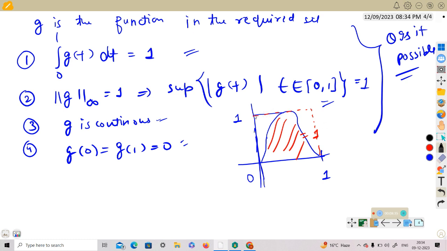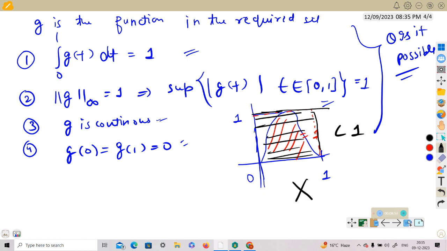This area will always be less than 1, because 1 is the whole square area. So in this case, it is not possible.